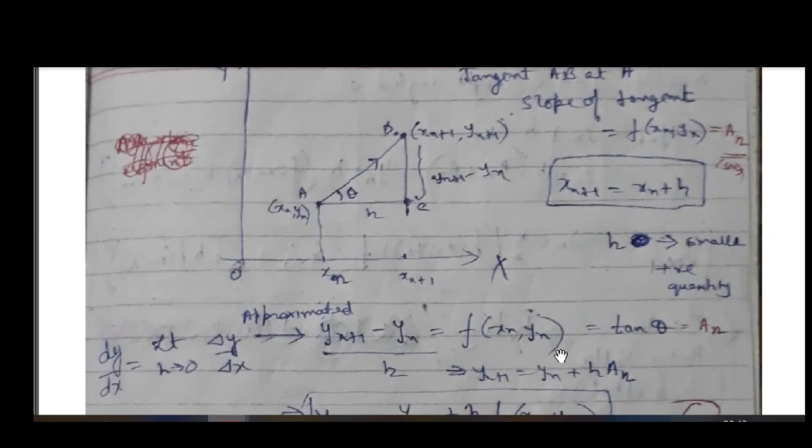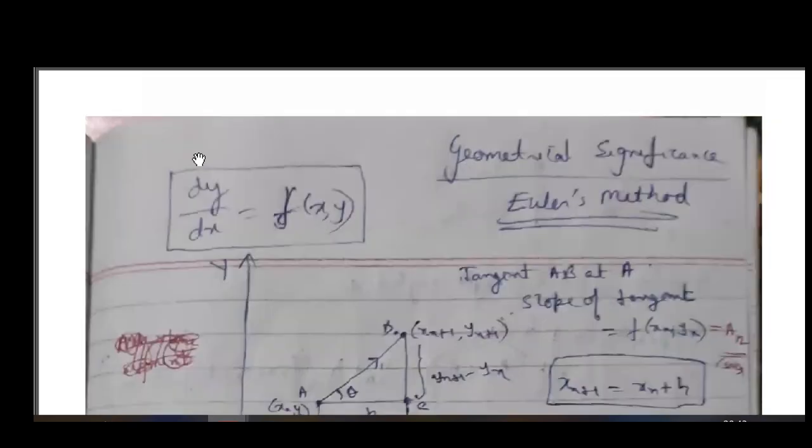This is obviously there, because if you use the idea of the solution of a differential equation, it is nothing but the slope of the tangent given via this function. This is an obvious fact. We are not approximating or assuming on our own; this is a fact when you deal with the solution of a differential equation.